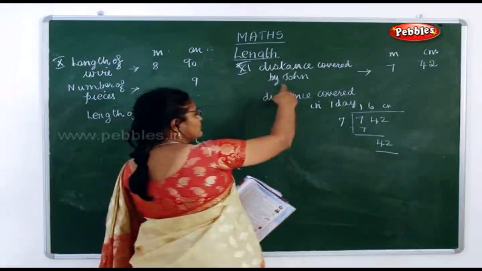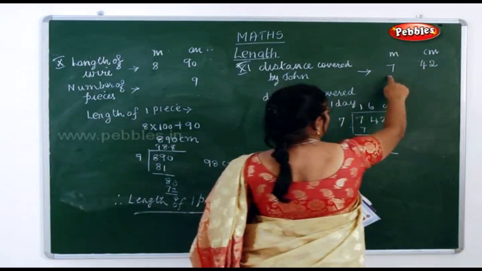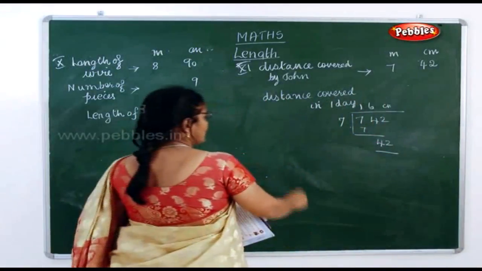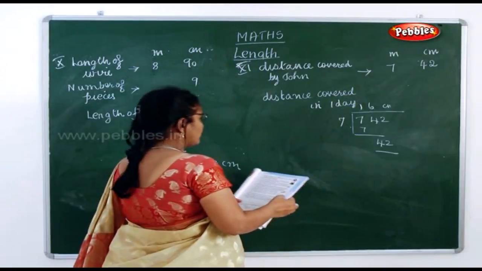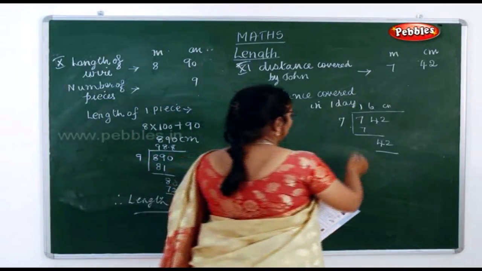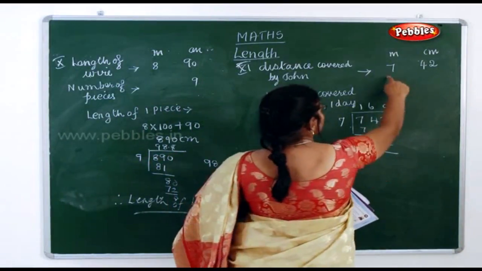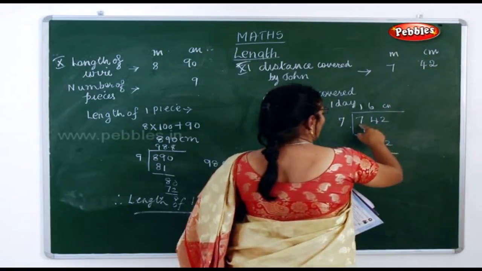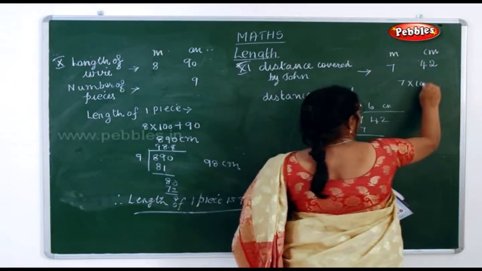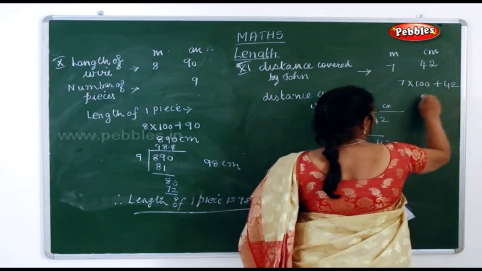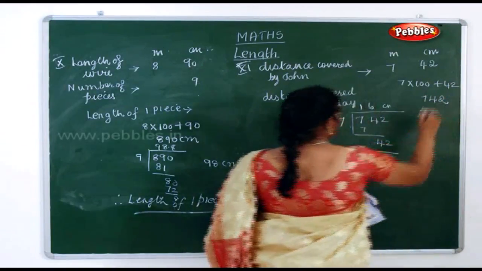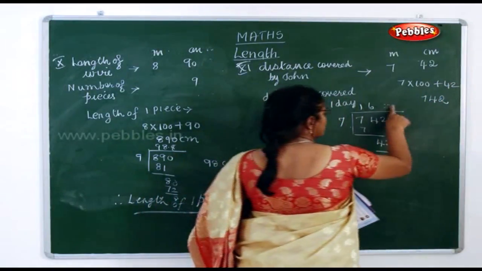See here in the sum, distance covered by John is 7 meter and 42 centimeter. Now the question they have asked is what is the distance covered in one day? So now you convert this into centimeter. You write 7 into 100 plus 42, so you will write 742. When you divide 742 by 7 you get 106 as the answer.